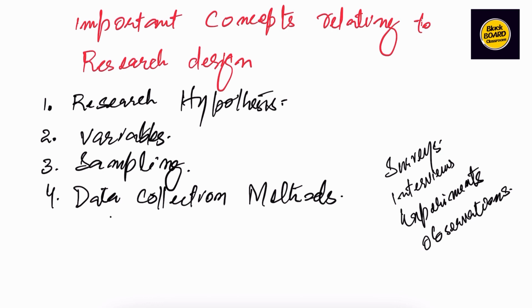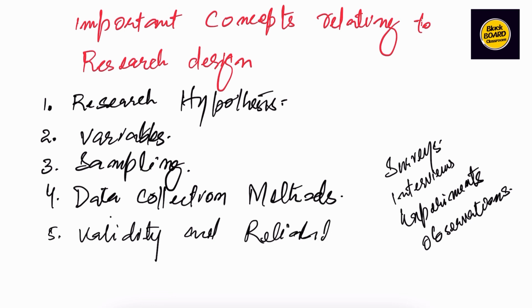Then after this, you have one important research design concept, which is validity and reliability. What do we understand from validity and reliability?